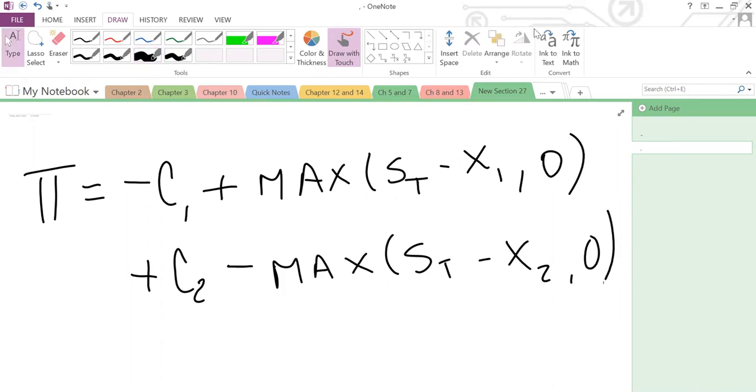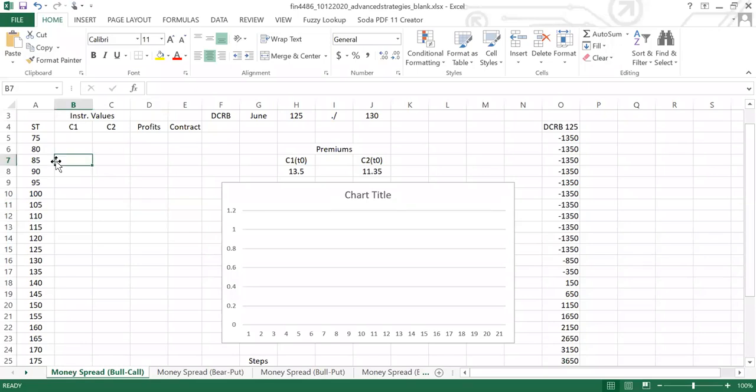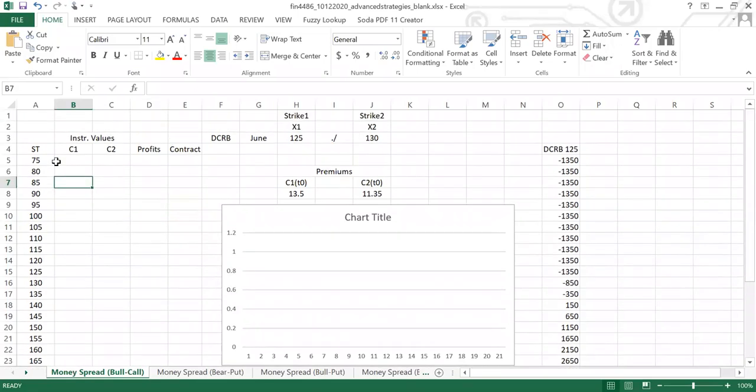Okay, so now very quickly, let's now move to Excel, where we can actually just prepare a chart that we're going to call a profit diagram, right? So we're going to see all the possible profits given all the possible values that the stock may reach, right?